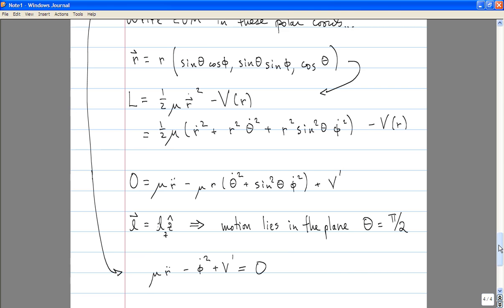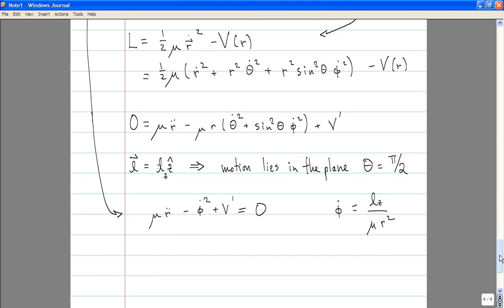So phi dot was equal to L over mu times r squared. Plugging that in here, we see that mu r double dot is equal to minus v prime plus phi dot squared, which is lz squared over mu squared r to the fourth.